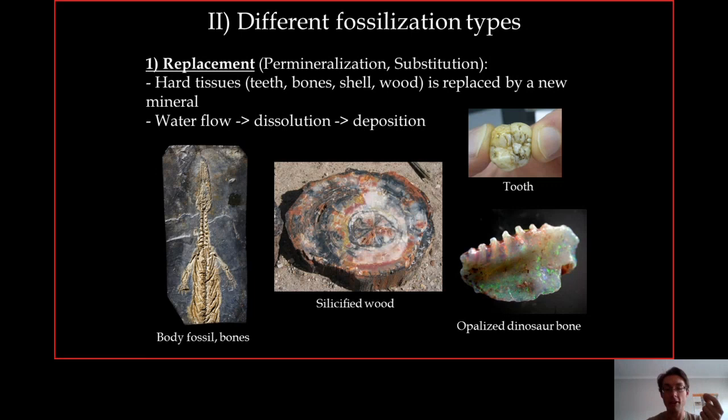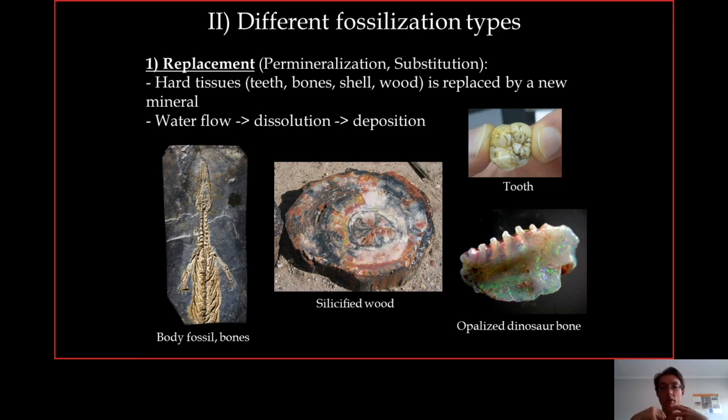So again, water is extremely important in the process because the water will bring the new mineral and dissolve the bone or the tooth material or the wood or whatever was in there before. So it dissolves the organic material and replaces it with a new mineral.